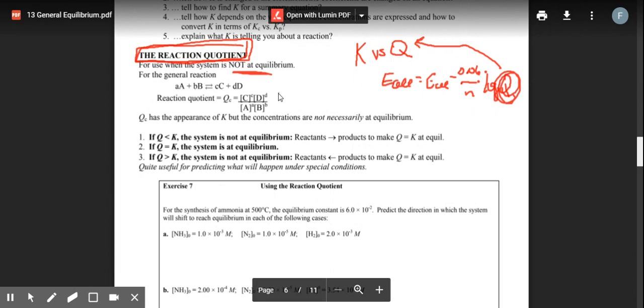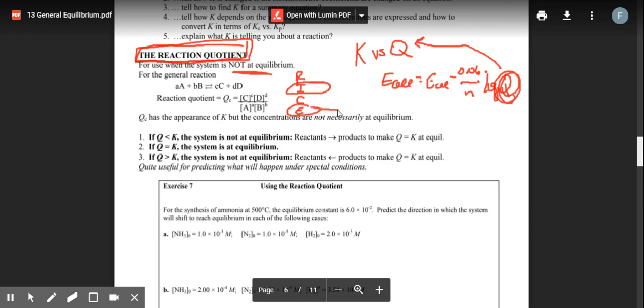Now, the way that I calculate my Q is the same exact way as I calculate my K. But if you remember us talking about RICE charts at the very beginning, R stands for my reaction, I stands for initial values, C stands for what's changing, and E stands for equilibrium values.